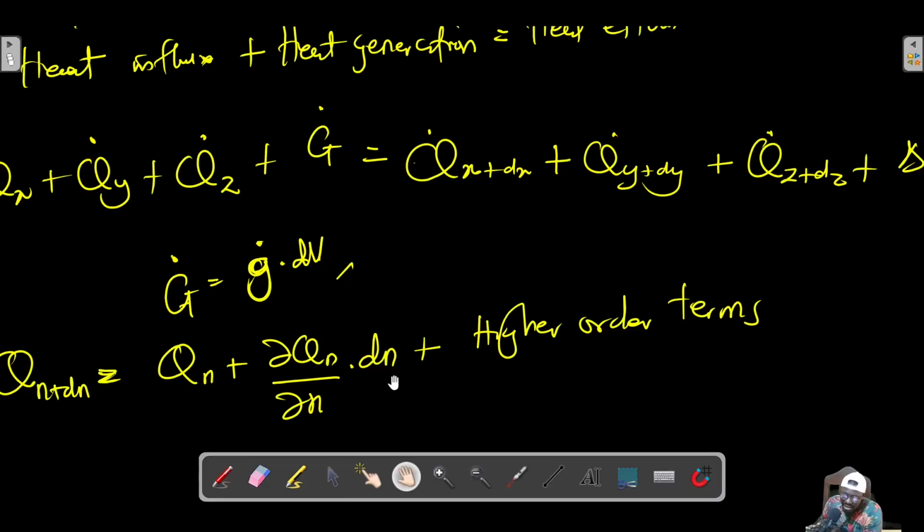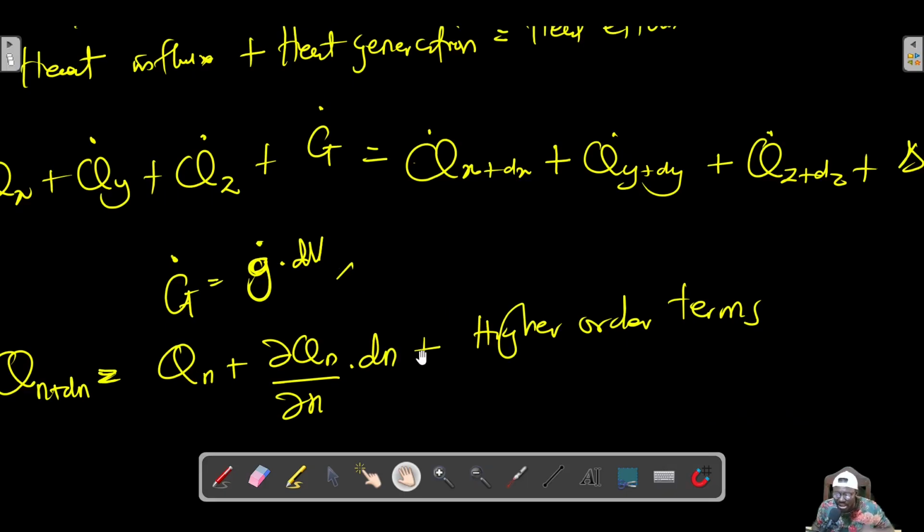Since we selected an infinitesimal control volume, we can assume that the change in those parameters are all approaching 0. So the square of the change in x is approaching 0, the cube of the change in y is approaching 0, the cube of the change in z is approaching 0.